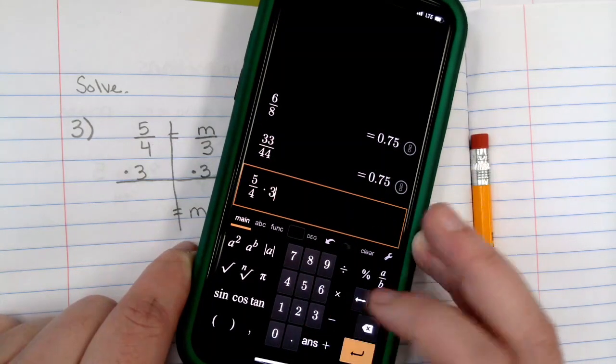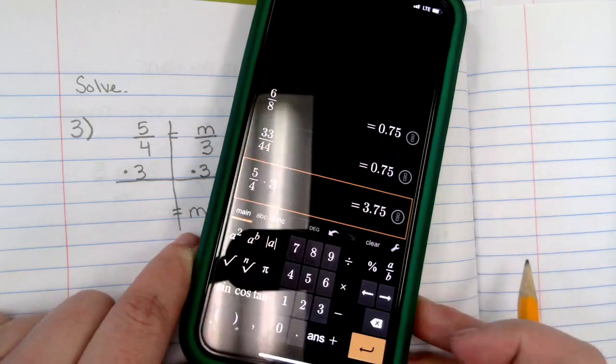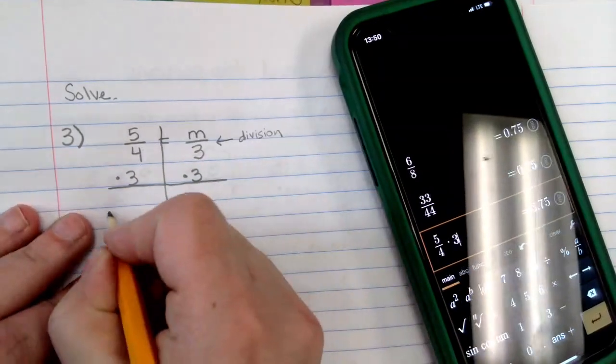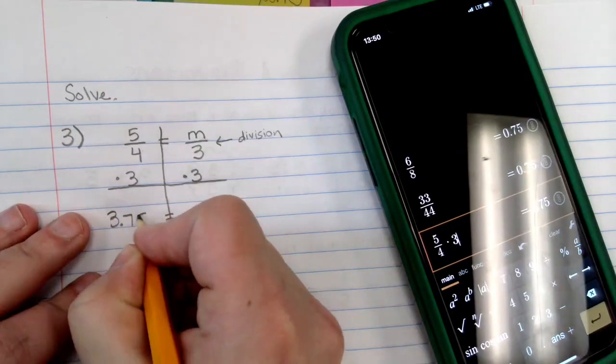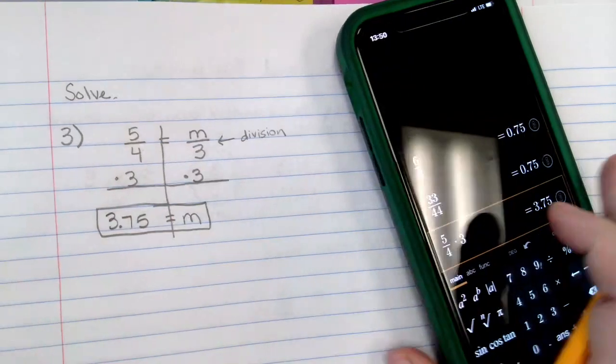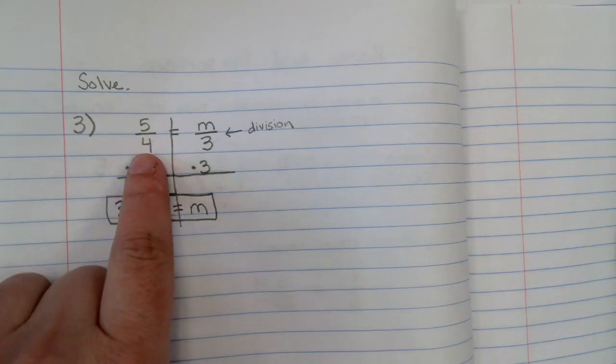So we do get a decimal, and that's okay. So in my calculator, we did 5 over 4 times 3. That might be new to some of you.